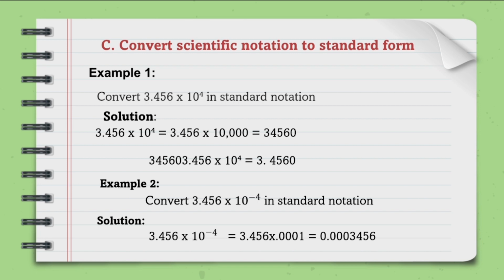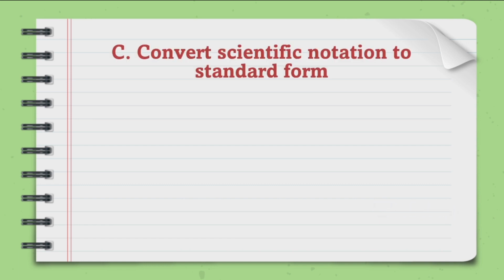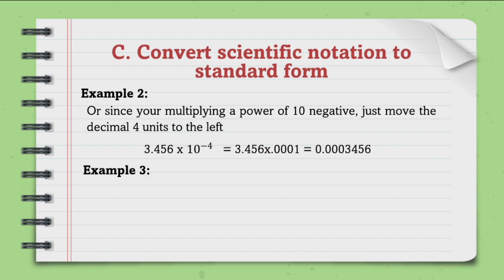Since you're multiplying by a negative power of 10, just move the decimal 4 units to the left. So 3.456 times 10 raised to negative 4 is equal to 3.456 times 0.0001, which is equal to 0.0003456.